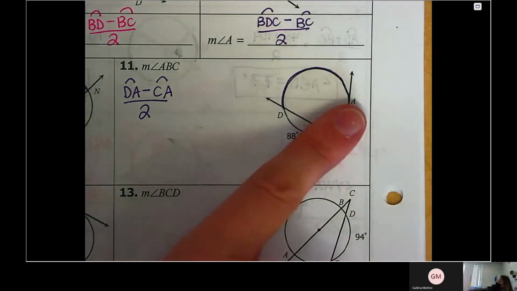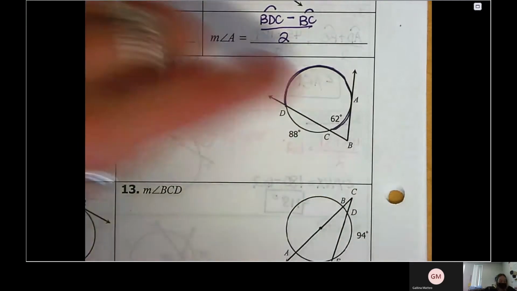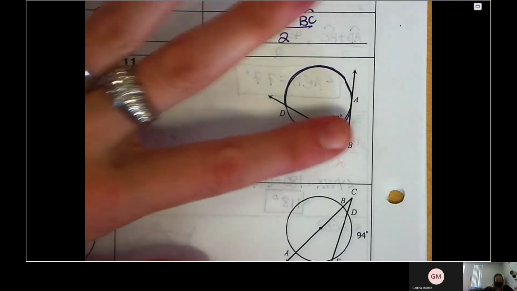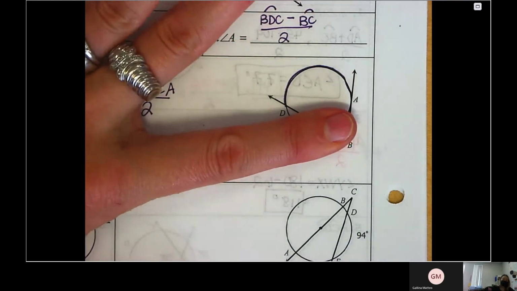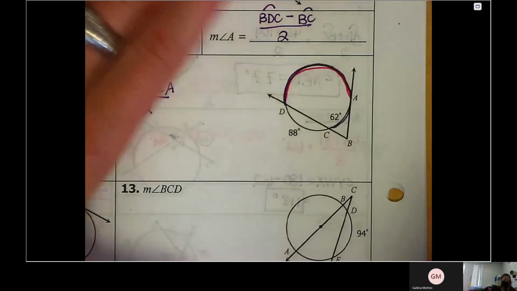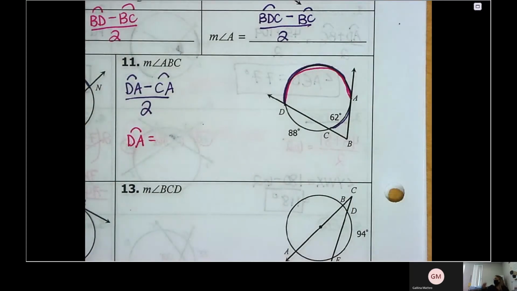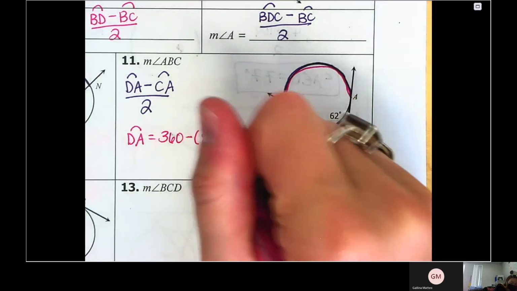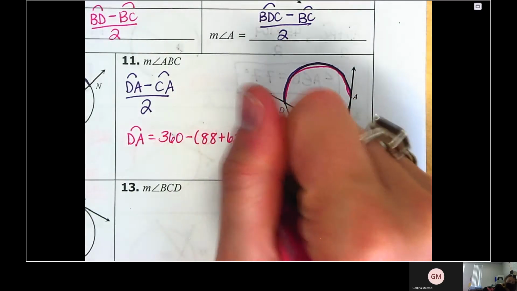I also need to take the 62 away, because if I don't, then I'm figuring out this whole arc from D all the way around to C. So to figure out arc DA right over here, it's exactly what I'm going to do. Yep. But I'm going to write it as 360 minus 88 plus 62. But yes, that's exactly what I'm going to do.